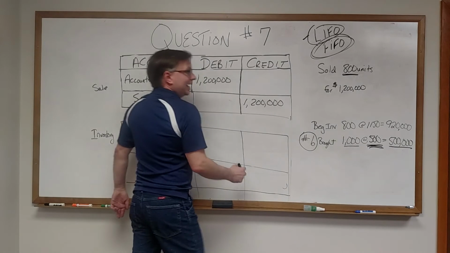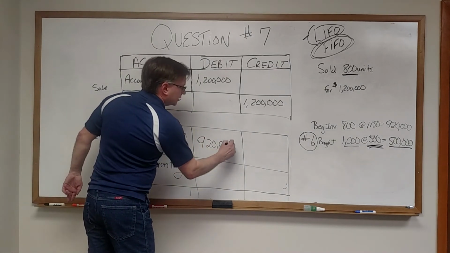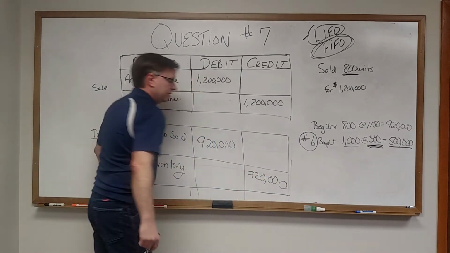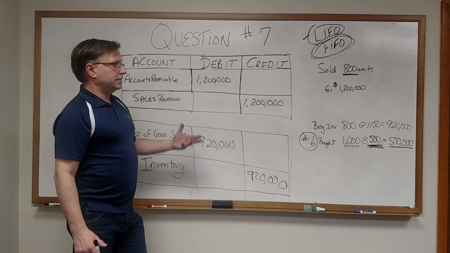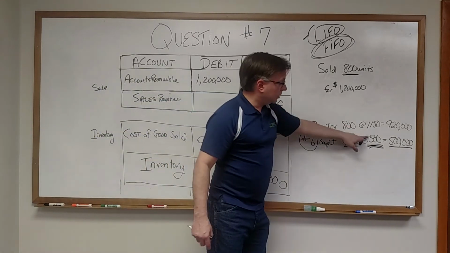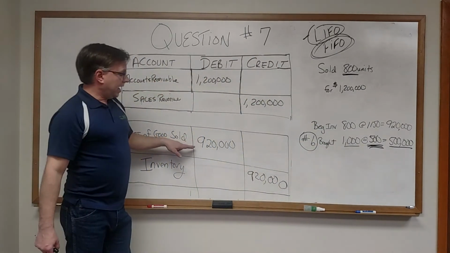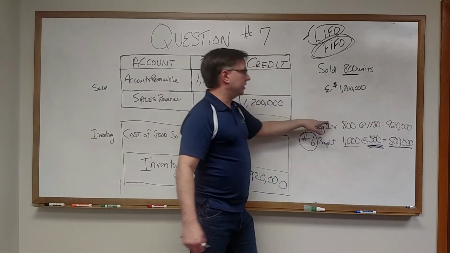It's the whole $920,000. You can see in this problem, our profits aren't as good when we used the FIFO method. Must be we're in a situation where the price has decreased significantly, and it has. So we've got a cost of goods sold that is the entire 800 units.